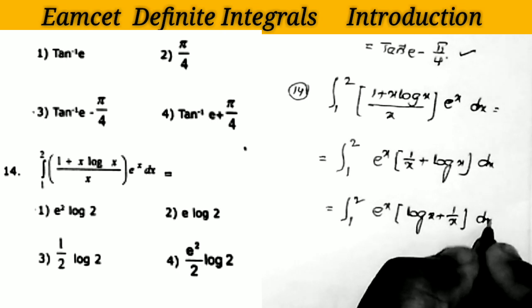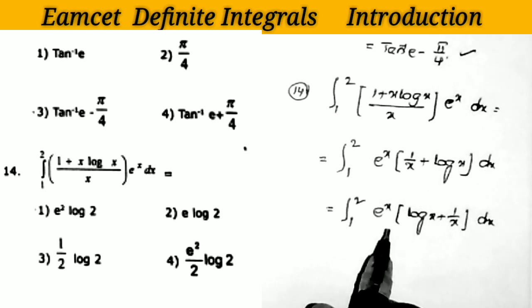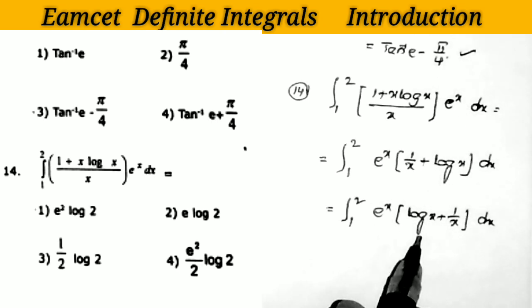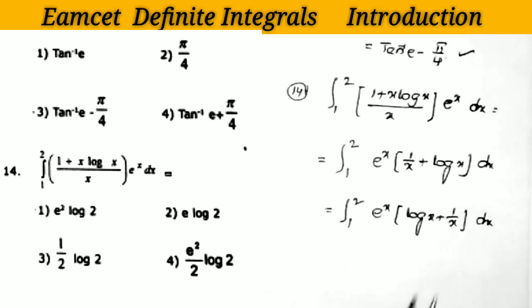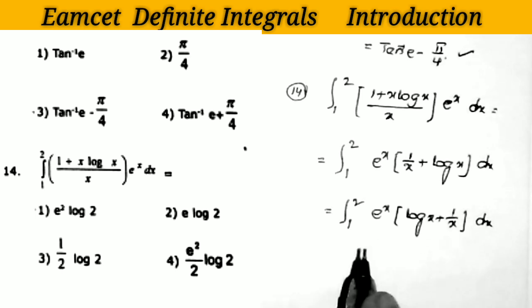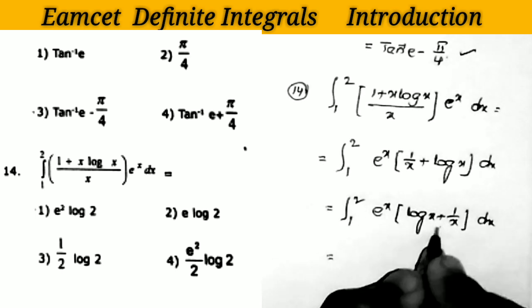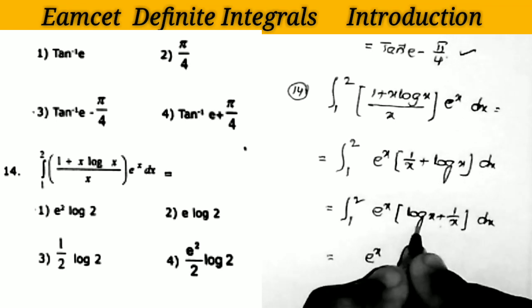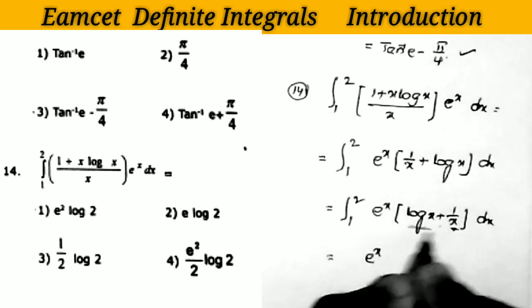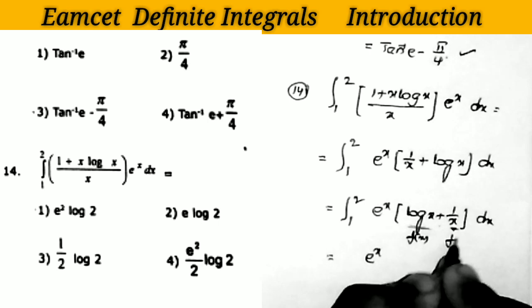So clearly this is in the form of e power x into f of x plus f dash of x. Already we used all these formulas in the integration chapter. We are applying the same formulas here also. That is equal to e power x into f of x plus f dash of x. Log x derivative is equal to 1 by x here. So this is f of x and this is f dash of x.